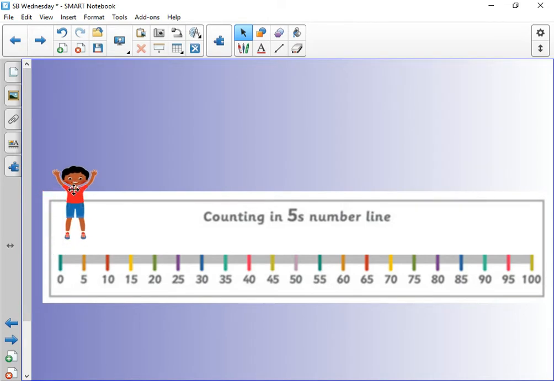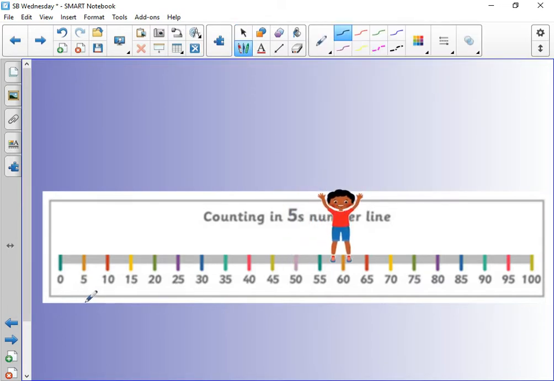Nice and loud. 5, 10, 15... So these numbers are the answers to all our multiplication calculations today. So these numbers must be one of your answers.